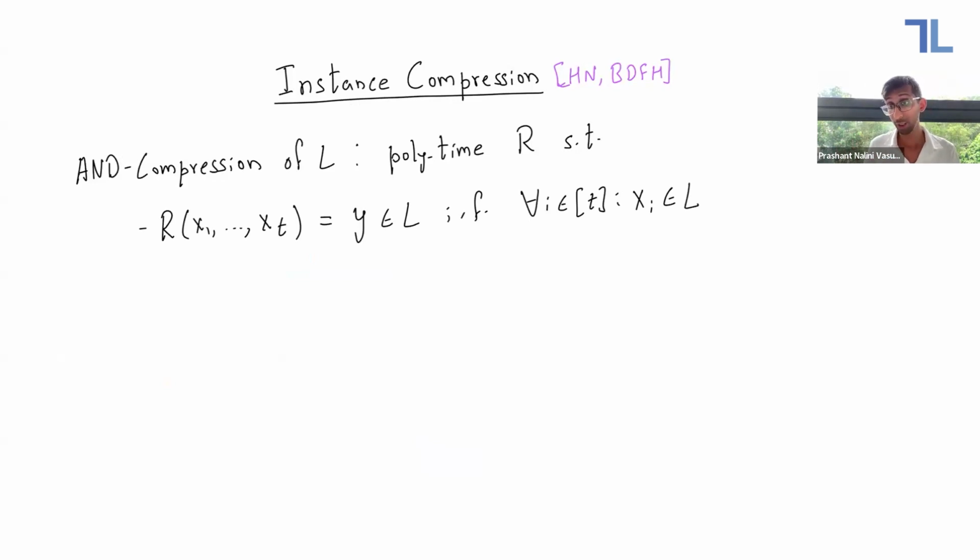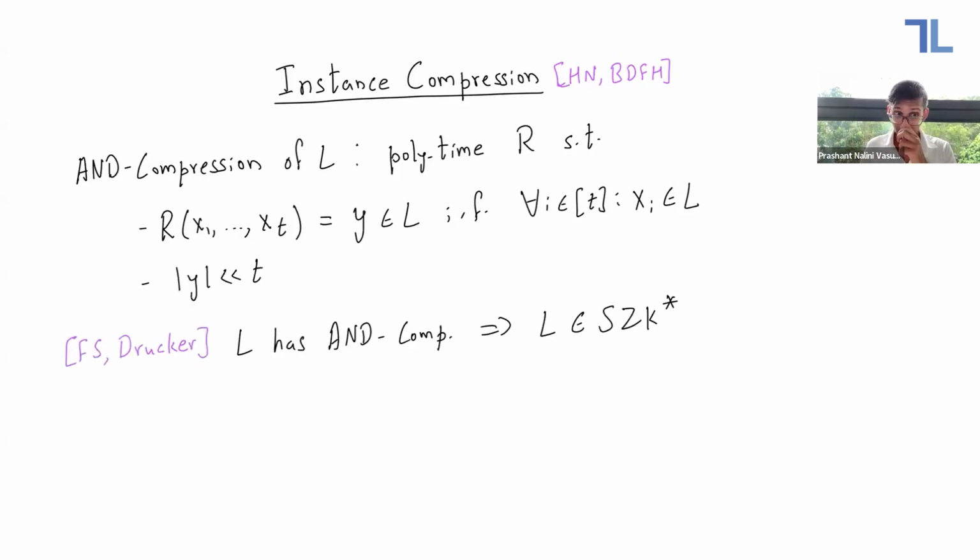I want to give you a witness that is shorter than just putting all the T witnesses together. Instance compression deals with the same thing, but for instances, where you have T instances, and you want to take them and output a different instance that is a yes instance if and only if all of these instances are yes instances, right? That's the problem they were dealing with in instance compression, or more specifically the AND compression of a language. This is what it is.